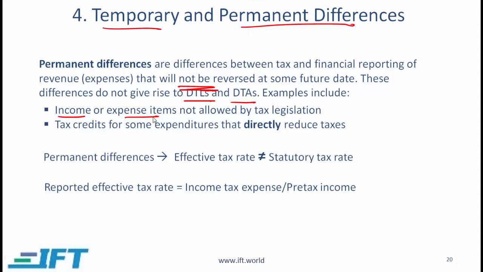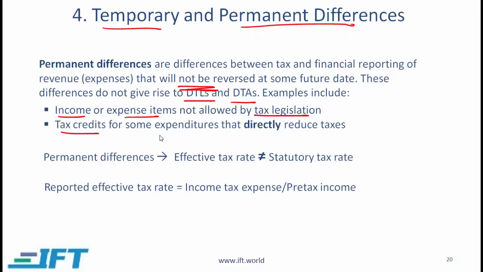If we have income or expense items that are not allowed by tax legislation, so there might be some perks that a company offers senior management, where those perks are shown as expenses on the income statement, but they are not tax deductible in terms of the tax rules. That will create a permanent difference between the tax income and the accounting income.